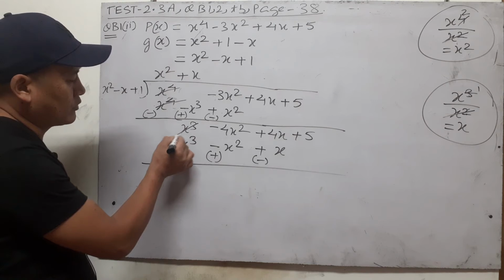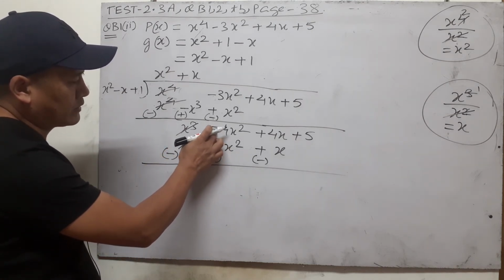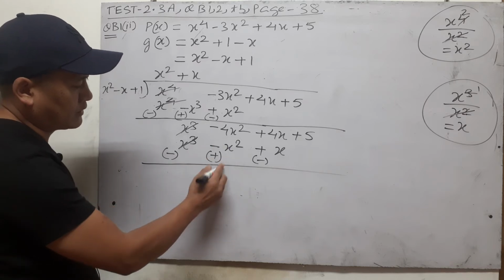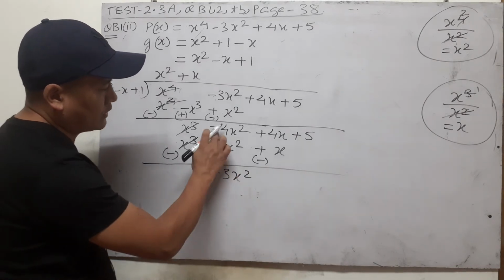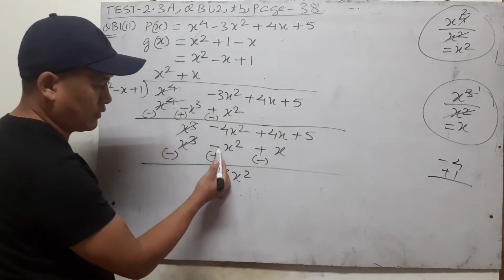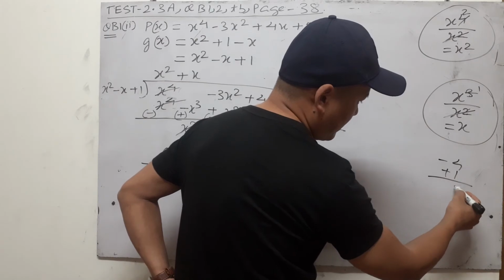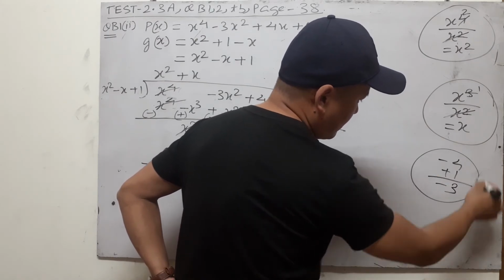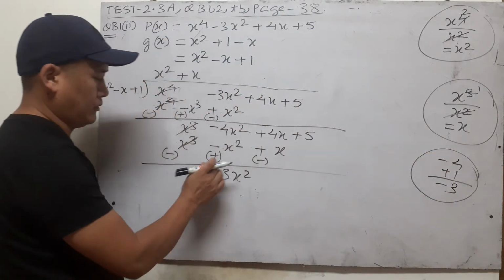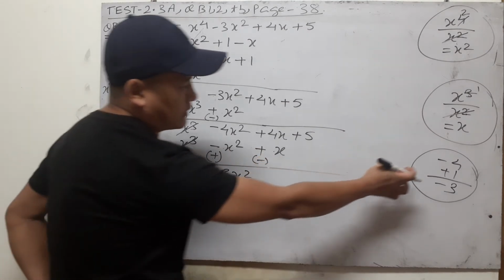Minus x cubed plus x cubed is 0. Plus 1 x squared minus 4x squared is minus 3x squared. Here the minus and the plus mean subtraction: 4 minus 1 is 3, and the bigger one is minus, so minus 3x squared. Then minus x, plus 4 minus 1, same thing.